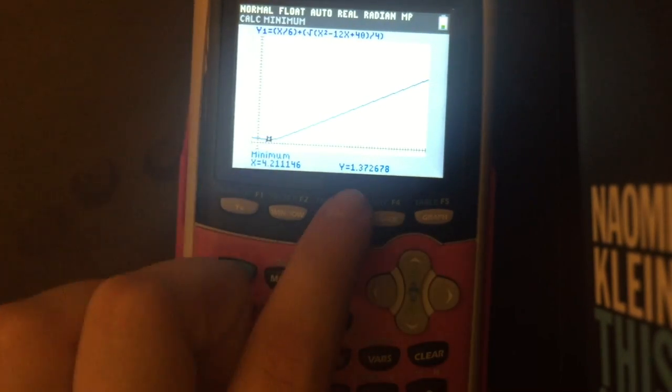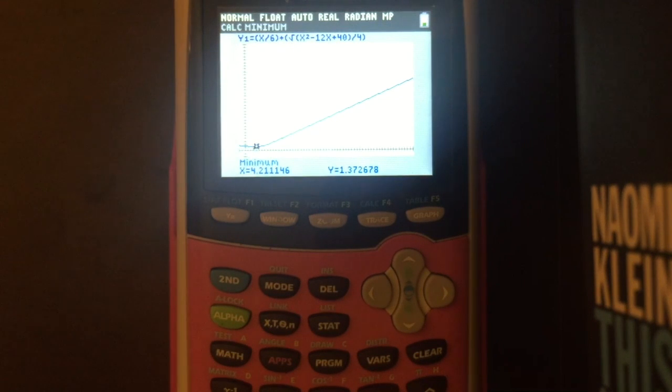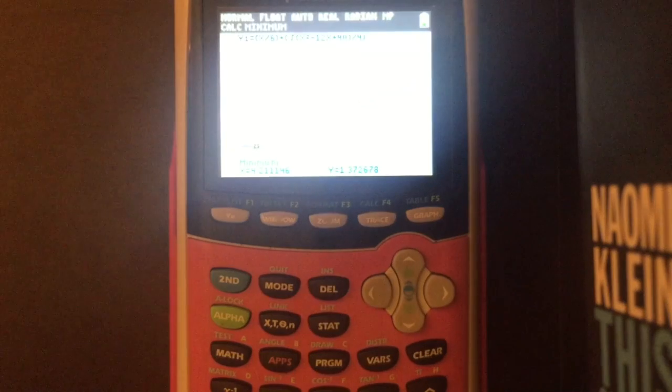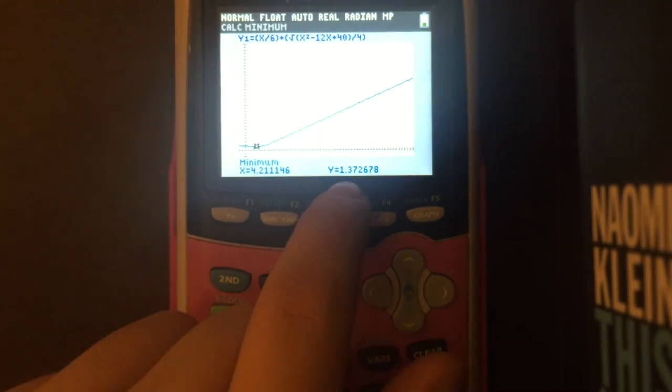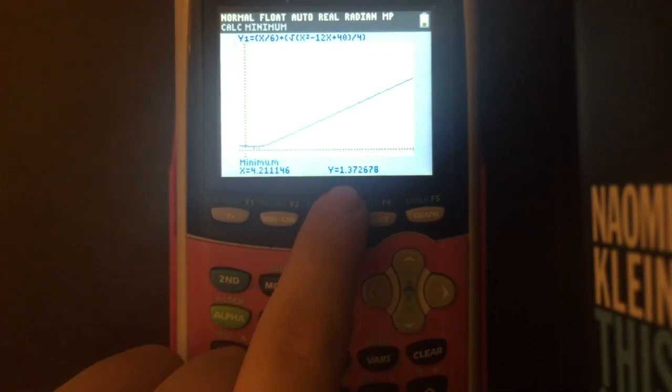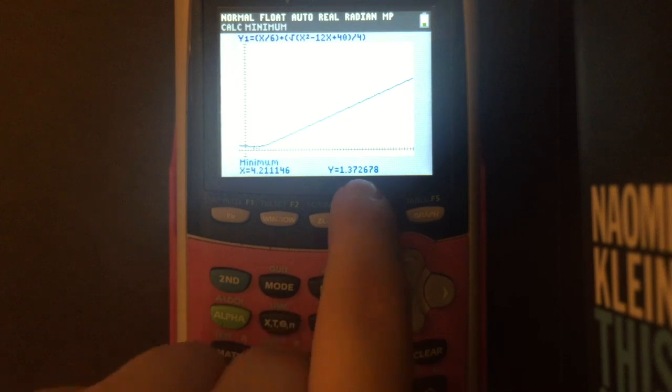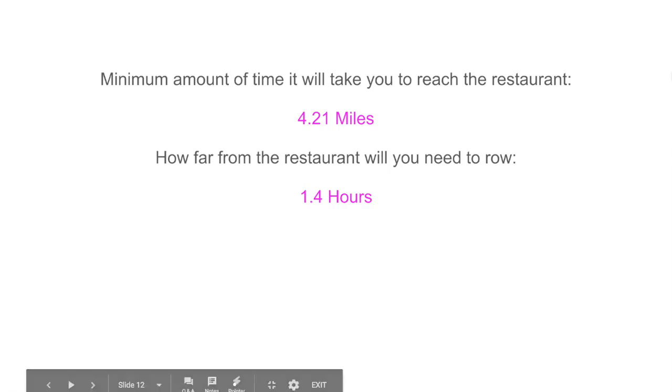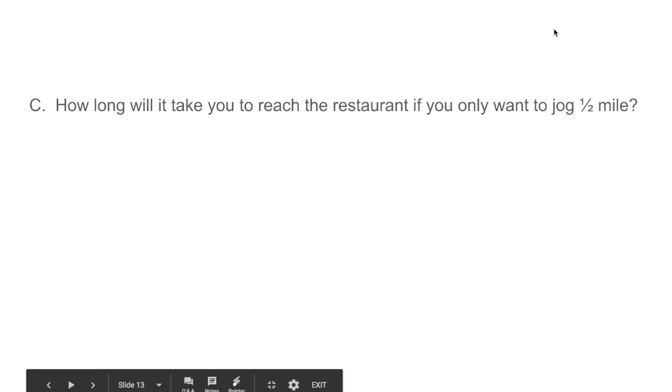And then my time, so how far from the restaurant will you need to row, that minimum amount of time is going to be whatever my y is, and it's in hours, so it's going to be 1.37 hours. To sum up our findings, the minimum amount of time it will take you to reach the restaurant will be 4.21 miles, and the time you'll need to row from the restaurant will be 1.4 hours.